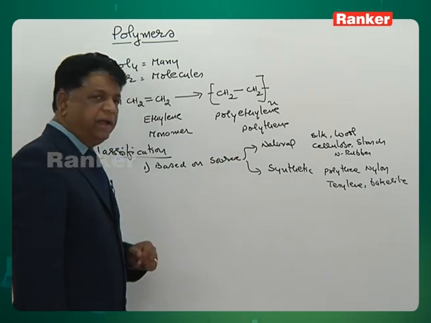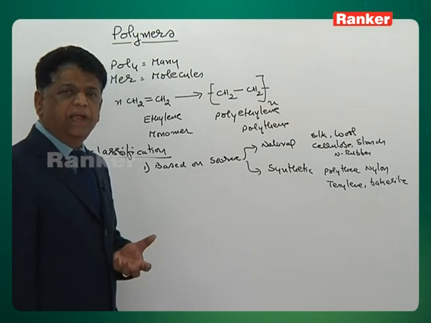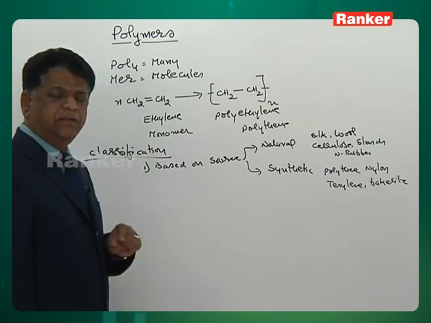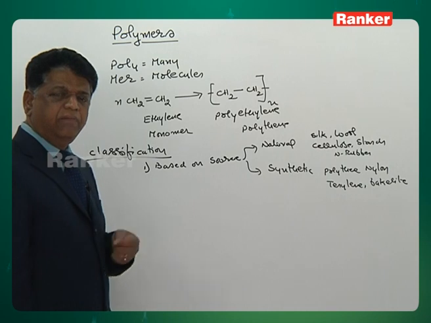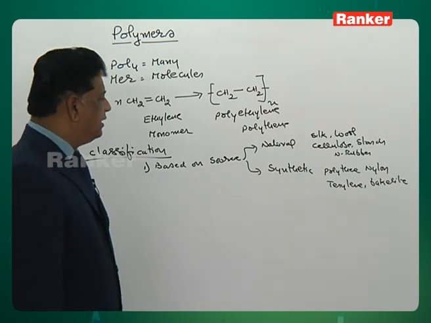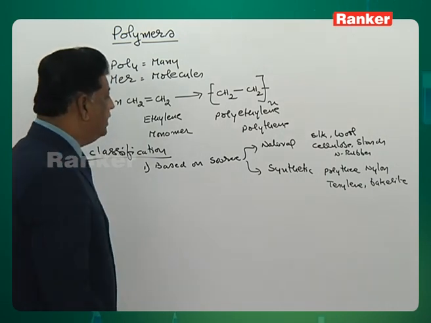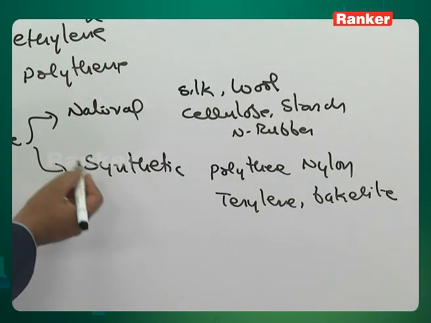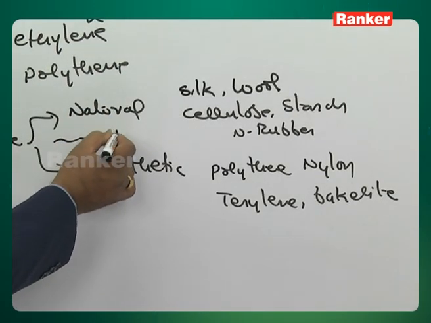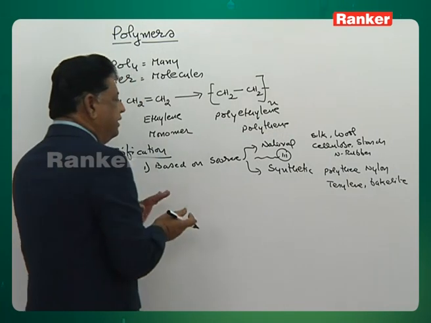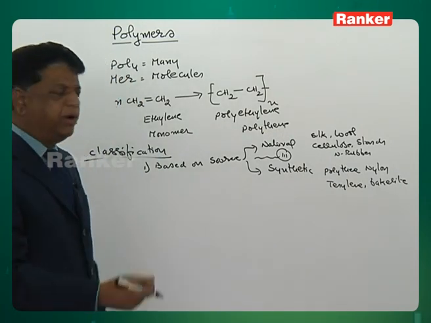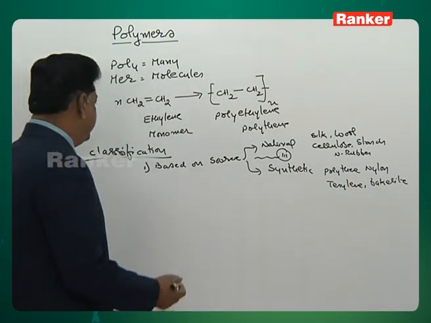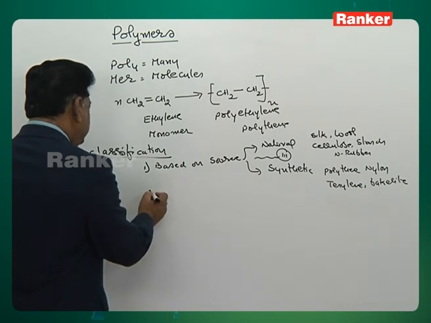Like in rubber, what we extract from the plant is totally natural, but with sulfur addition we develop cross-linked rubber, which comes under the partially natural, partially synthetic, via media third variety. It is natural only, but slight modification gives the third variety of polymers.